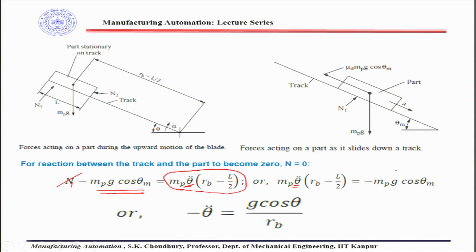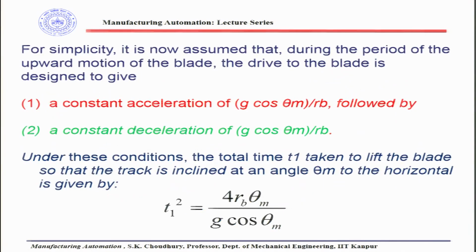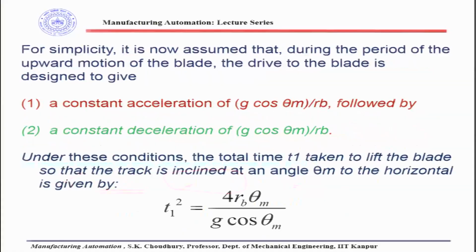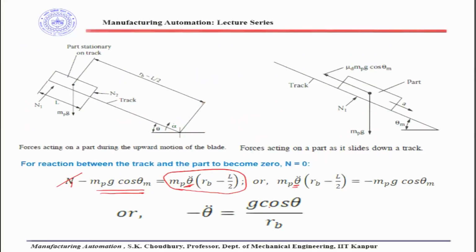Now, let us assume for simplicity that during the period of the upward motion of the blade, the drive to the blade is designed to give a constant acceleration and a constant deceleration. The values will be what we found out here, g cos theta divided by rb.